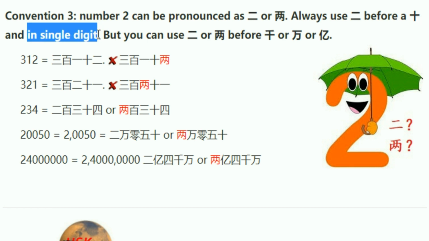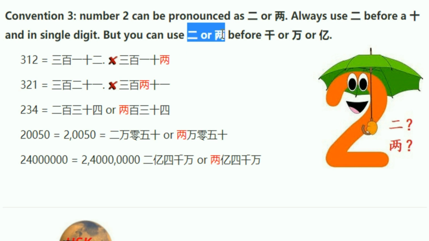But you can use 二 or 两, either one, before 千万亿. For example, 312 we would say 三百一十二. 二 is in the last digit. We don't say 三百一十两, that's not right. Next one, 321 we would say 三百二十一. We never say 三百两十一, we don't say that.